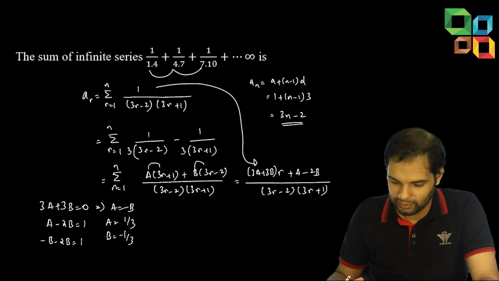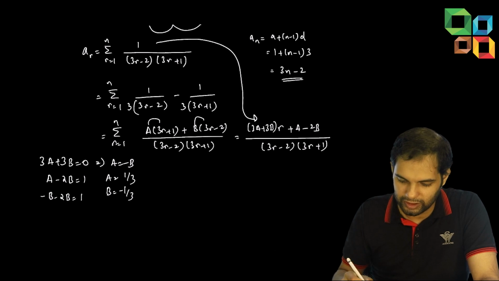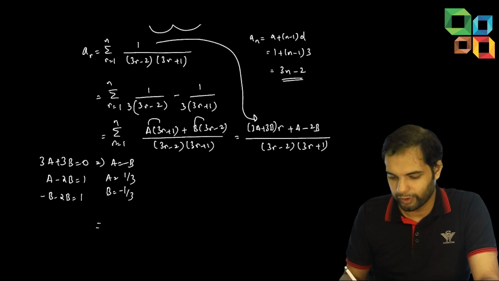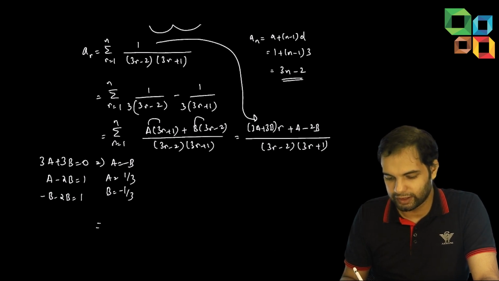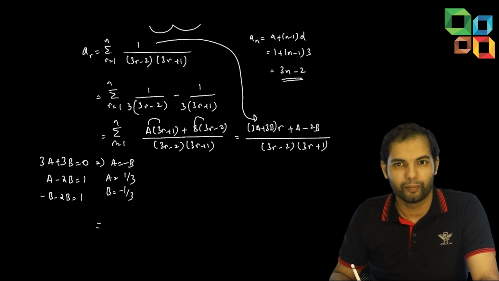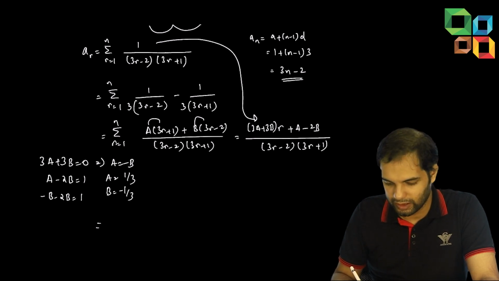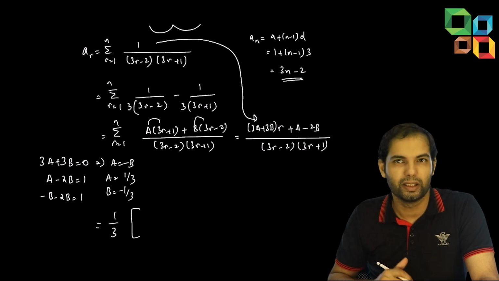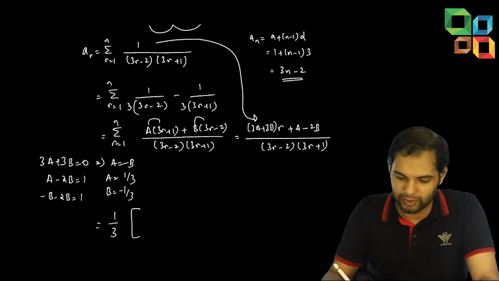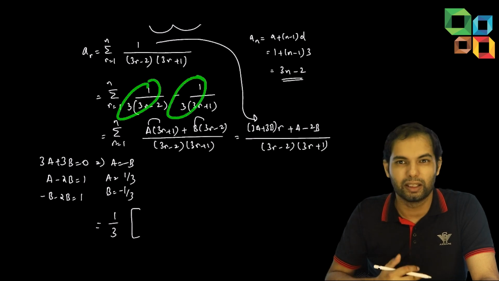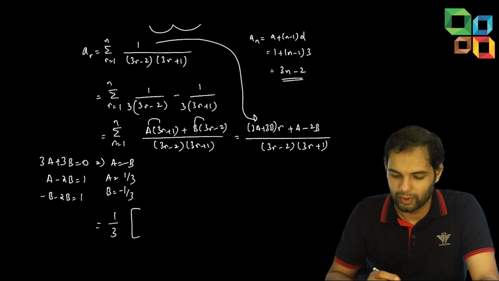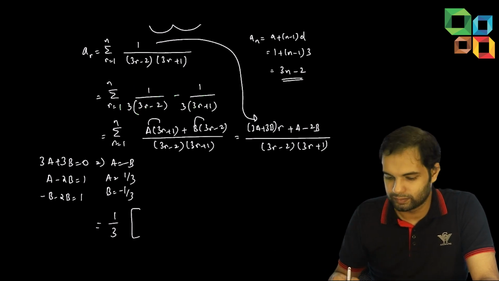Okay. Let's continue with our summation. I'll try to expand and see what happens again. I can take that 1 by 3 common. It's there in both the terms here, 1 by 3, 1 by 3. Let us take it common. So 1 by 3 is common.